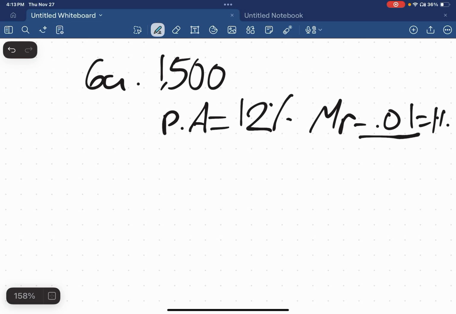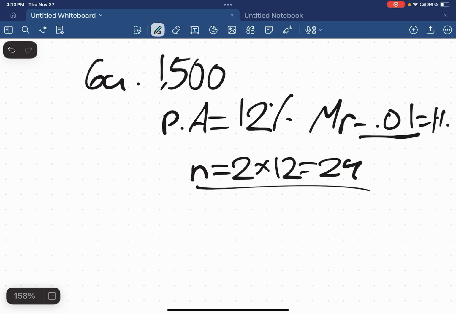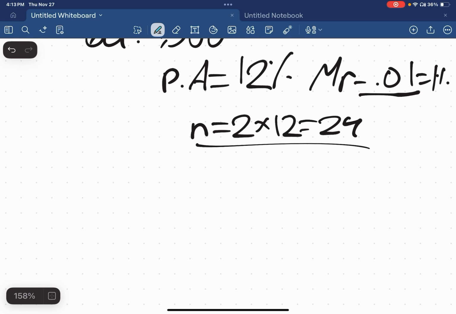And since it's 2 years, the number of months is going to be equal to 2 times 12, which is equal to 24. The only reason I'm converting this into months is because 6a actually asks us for each month.